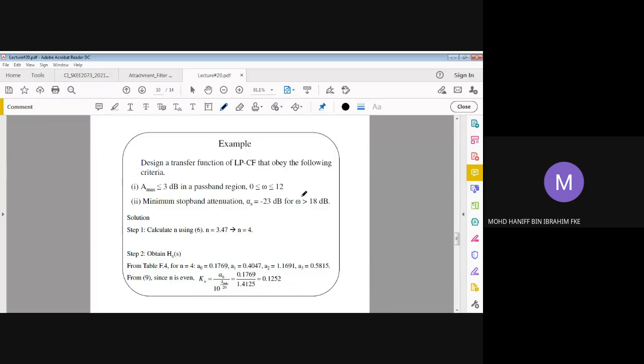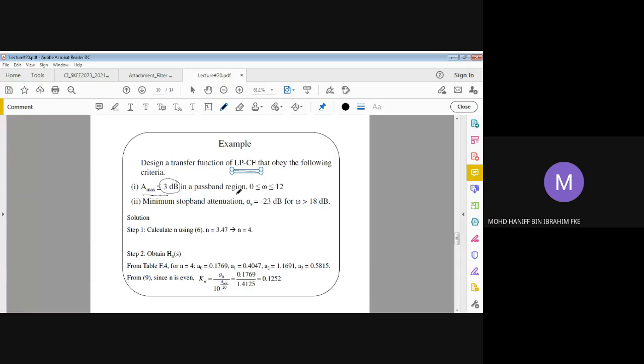We need to design a transfer function of a low pass Chebyshev filter having this specification. Number one, we are given that A_max is less than or equal to 3 dB. So it means that our A_max is 3 dB.